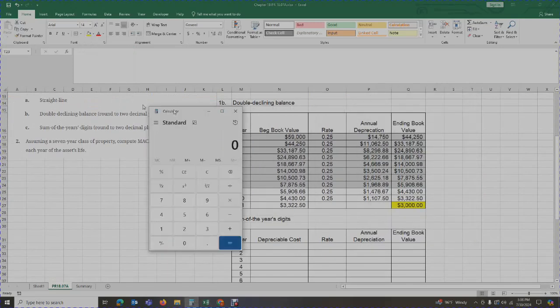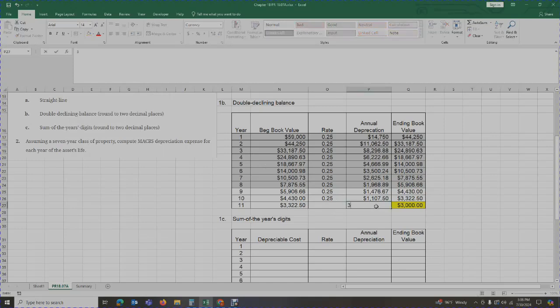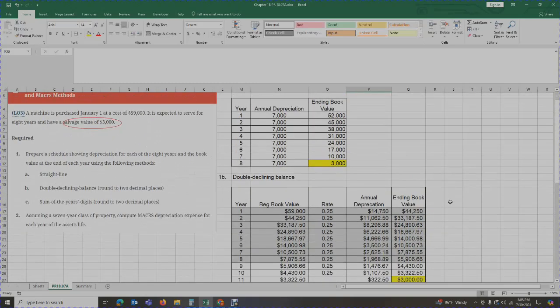I know that my salvage value should be $3,000. My book value is $3,322.50. I need to get to 3,000. So that means that this year I am going to depreciate my asset $322.50. By having that depreciation, that will arrive at the 3,000 salvage value that I need to get to.